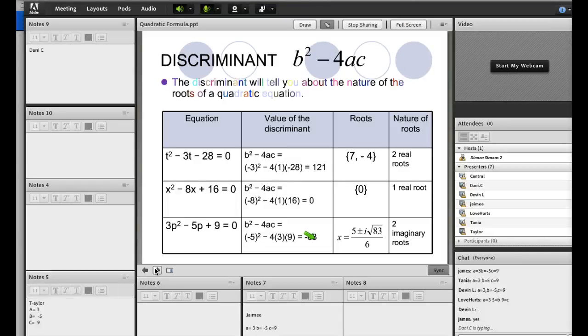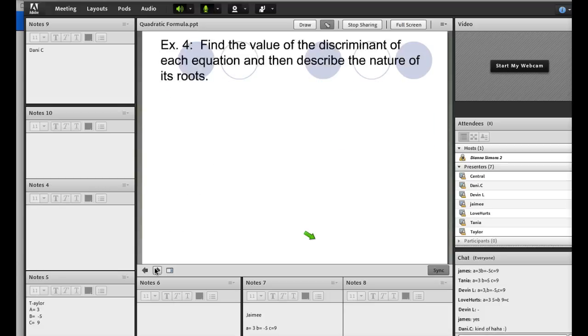It's going to tell you the nature of the roots of the quadratic equation, right? If it's real, if there's 1 or 2, and if it's imaginary. So we want to find the value of the discriminant for each equation, and then tell me if it's real, if there's 2, 1, or if it's imaginary. All right.